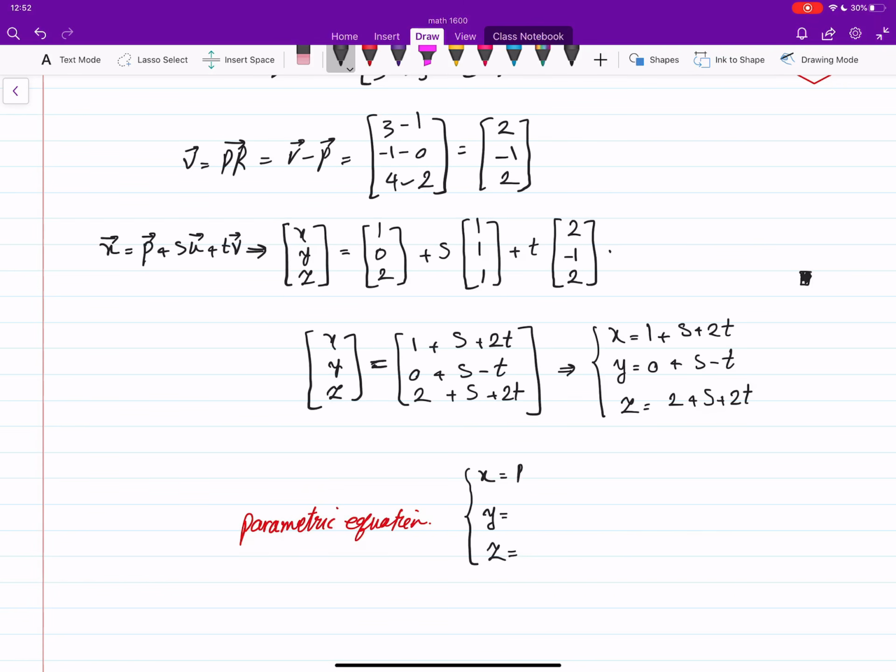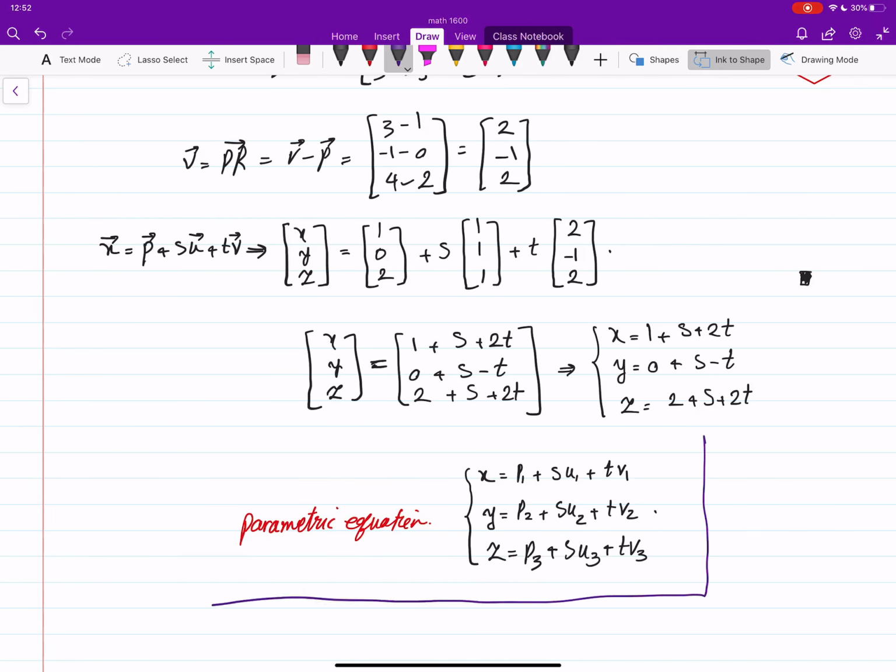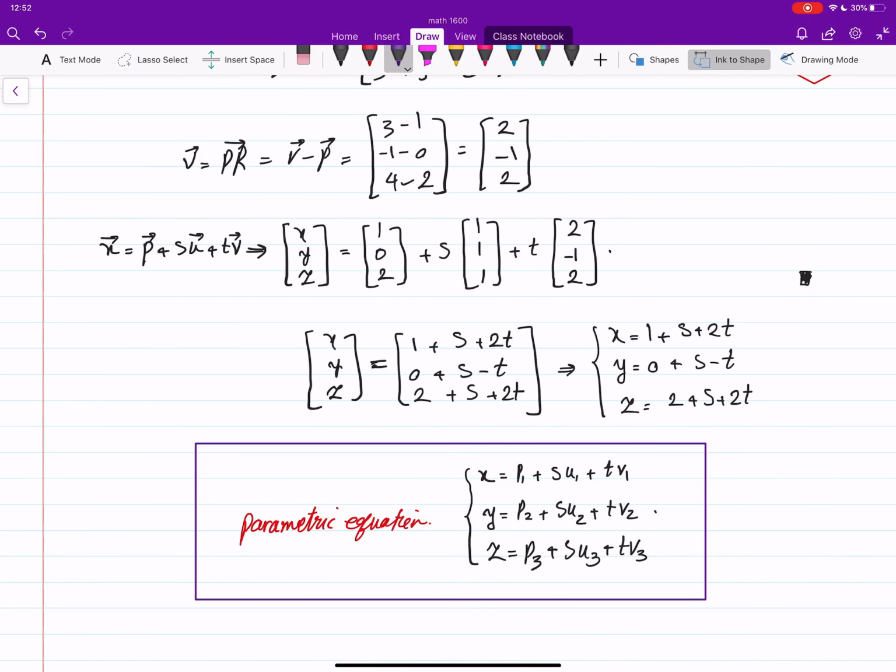And then you have components of the point plus S times components of U plus T times components of V. And that gives us everything we wanted to see for this parametric form. So let me put this in the box. And that's what we have here.